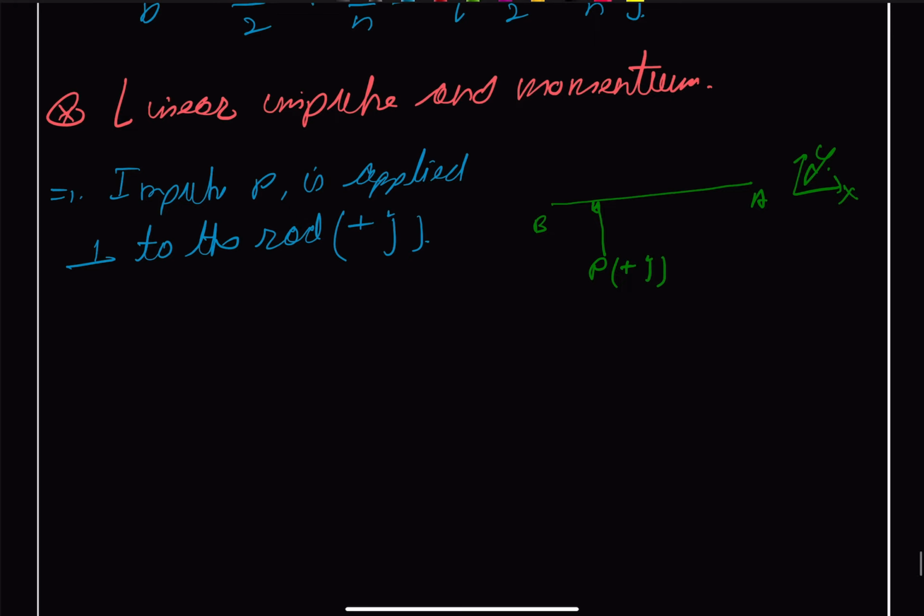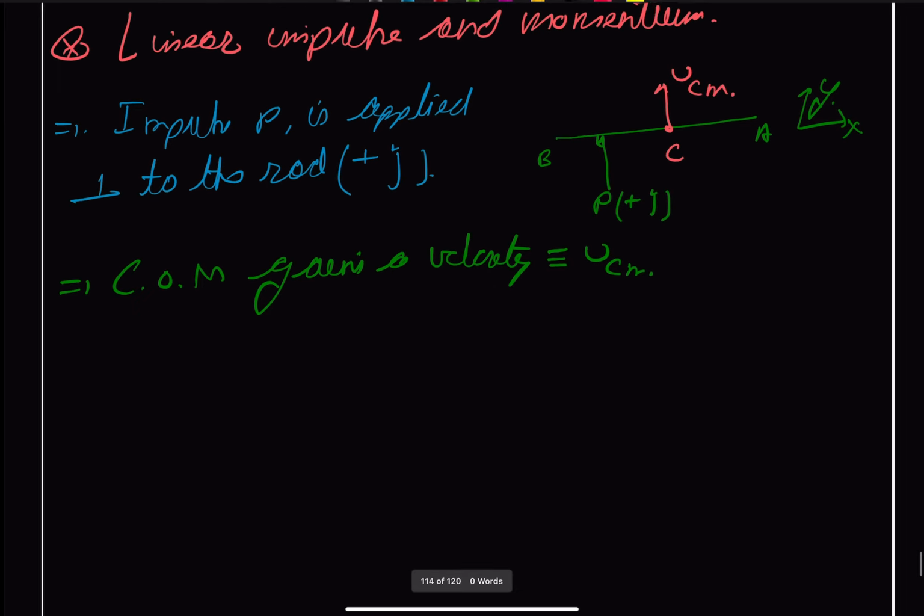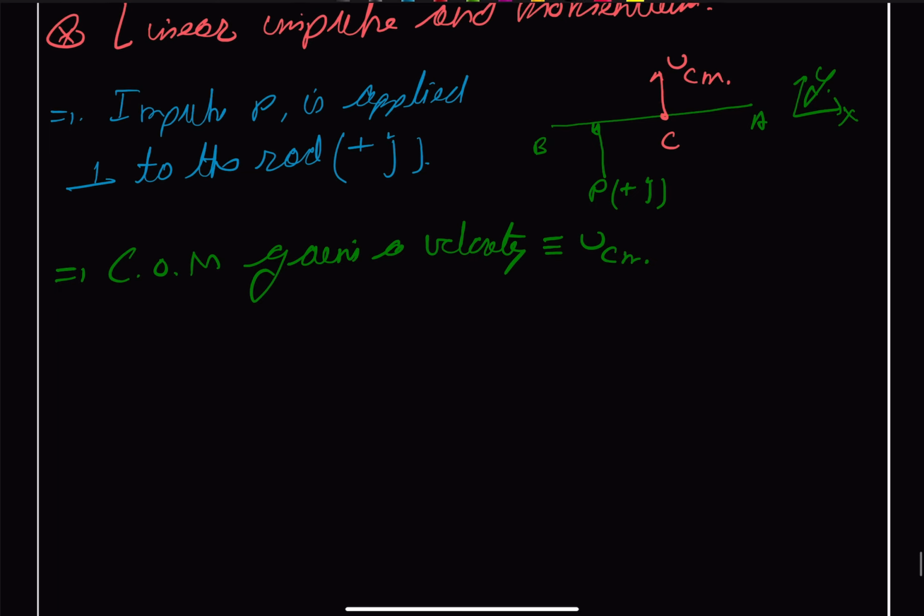So the center of mass gains a velocity, let us call this VCM. The center of mass is C and it gains a velocity of VCM, and the rod is going to rotate about point O, which is somewhere here. So it is going to rotate in this direction, and the angular velocity is, suppose, omega.